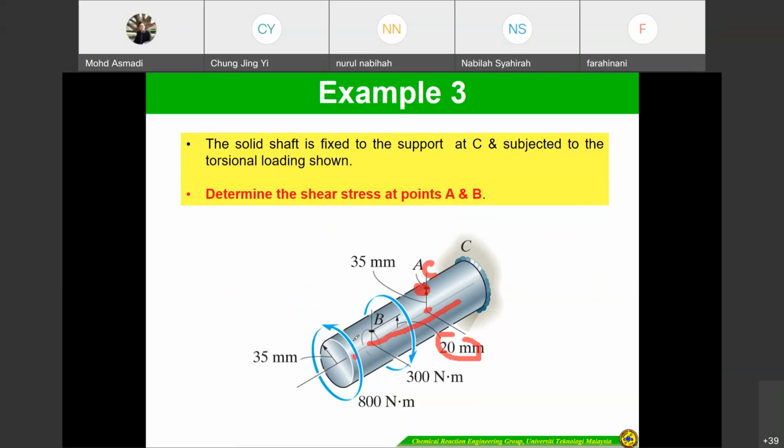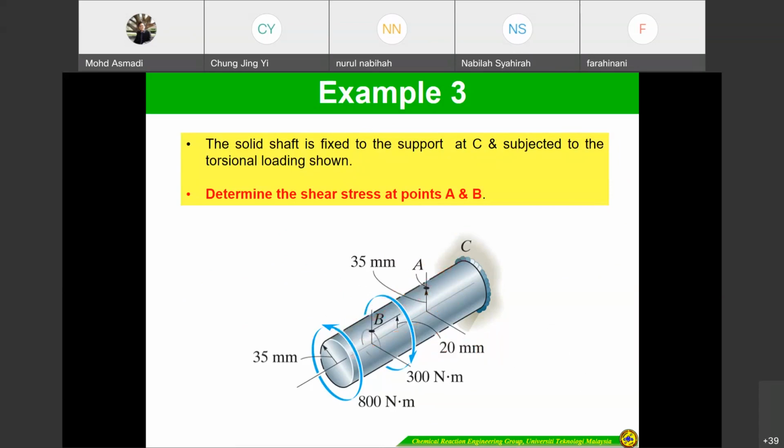This one is rho. We use the symbol rho for any distance between the outer and the center of the shaft. You have to remember when to use rho or C. Rho is any distance between the outer and the center of the shaft, but C is only at the outer, the maximum.